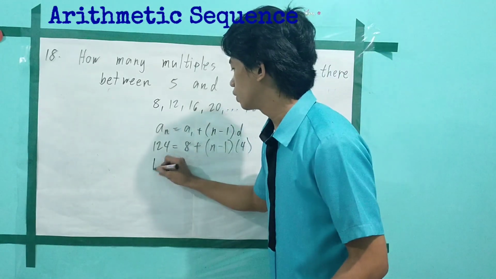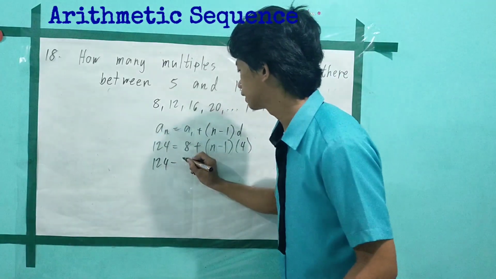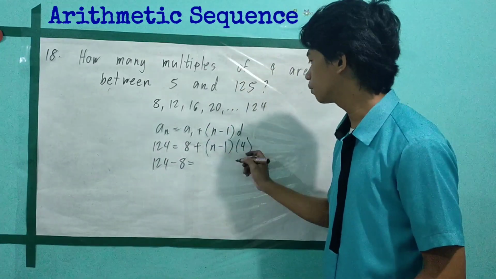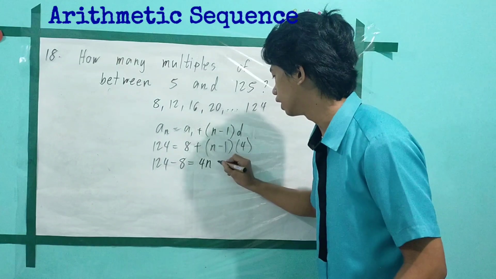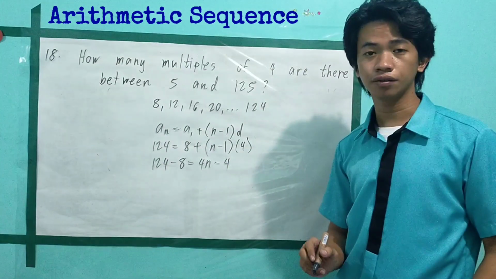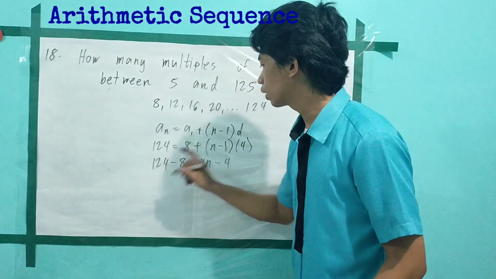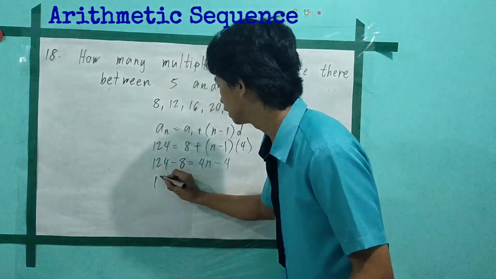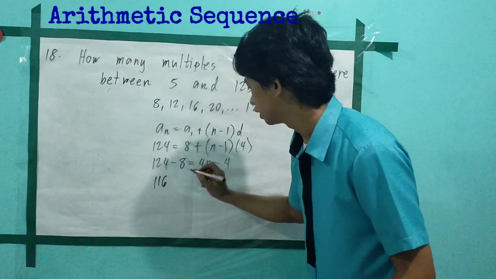So using APE, we have 124 less 8 is equal to n multiplied by 4, we have 4n less 4. Negative 1 multiplied by 4. Next, 124 less 8, we have 116.